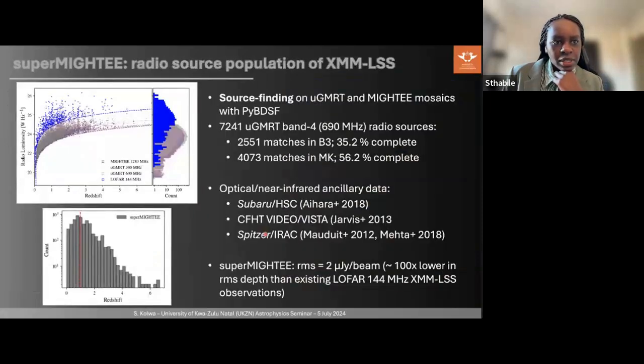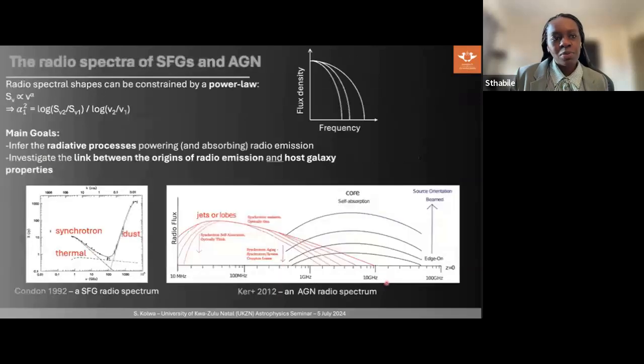So we are now looking at the radio source population in XMM-LSS using this new superMIGHTEE data set, and again performing similar analysis, PyBDSF to perform source finding, cross-matching with the optical, and using legacy radio continuum data such as that of LOFAR, and combining our observations to get as wide a frequency coverage as possible.